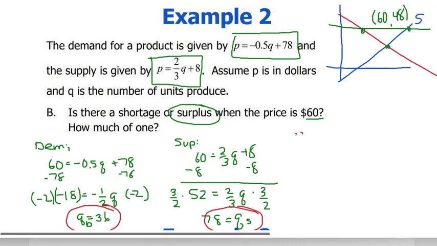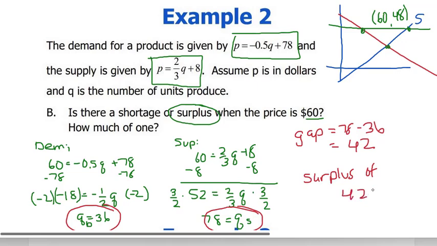We just need to figure out what is that gap. So our gap is 78 minus 36, and so that is going to be 42. So we have a surplus of 42 units.